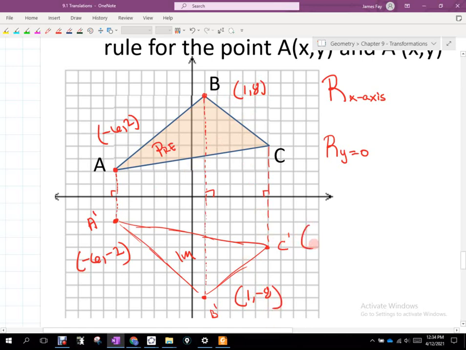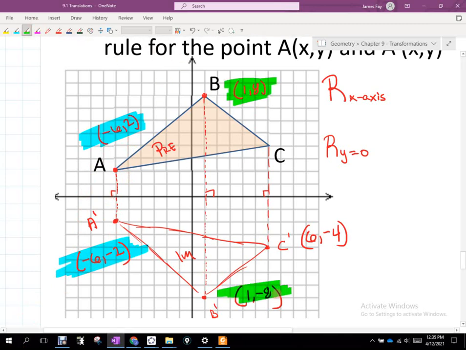And C was at 6, 4 and is now located at 6, negative 4. Look at these 2 points. What is the only thing that is different between those 2 points? The y value is negative, right? Is that consistent for those 2 points that correspond to each other? And is that consistent then for, I didn't write it, 6, 4 and 6, negative 4?